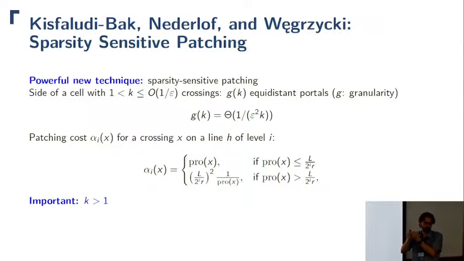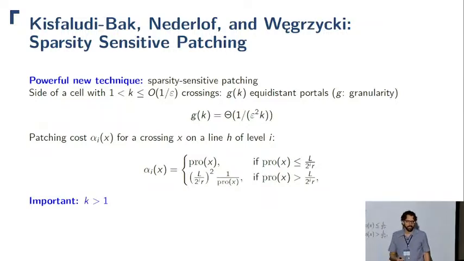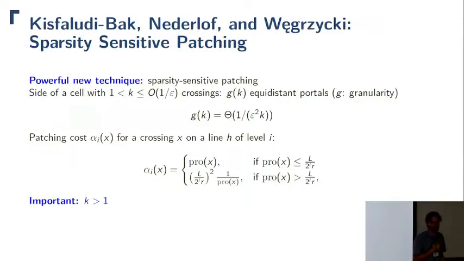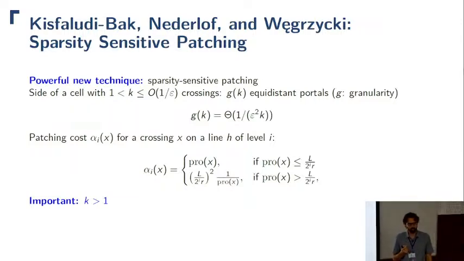Why is that? If we have many crossings already, then we are in a situation that is rather unlikely, and we can actually afford to accumulate some potentials in order to pay for that. And then we can get away with few portals.